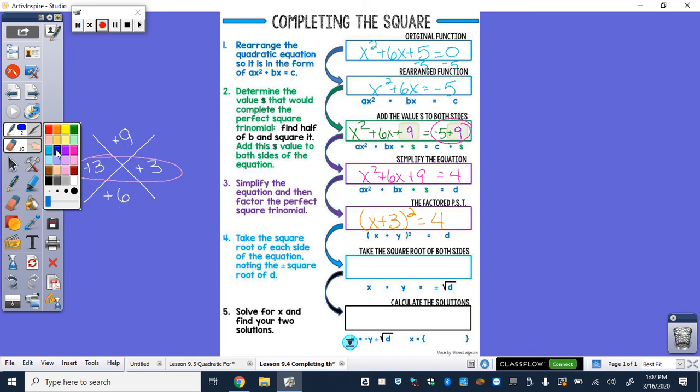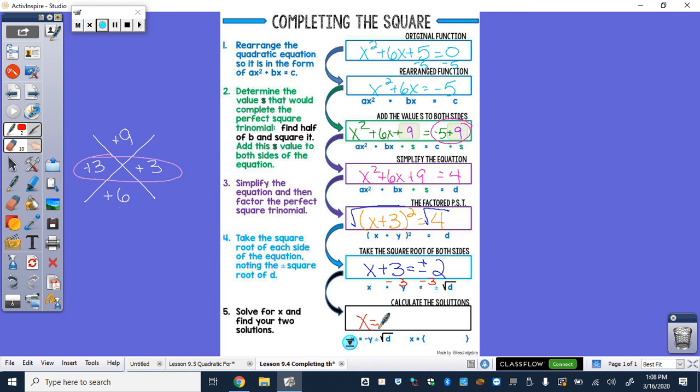So now, take the square root of both sides. So we get x plus 3 on the left side. What do we get on the right side? Plus or minus 2. All right, last step. Minus your 3.